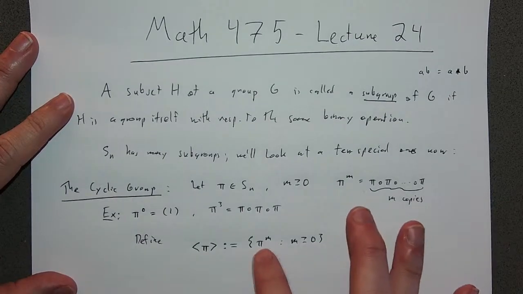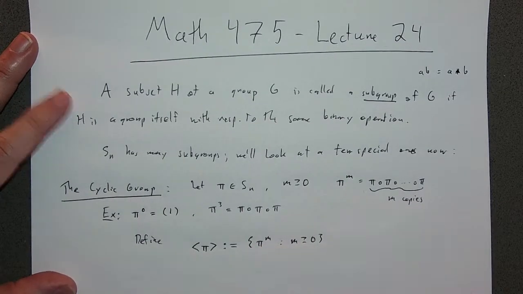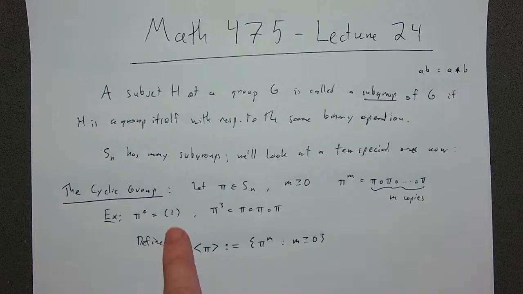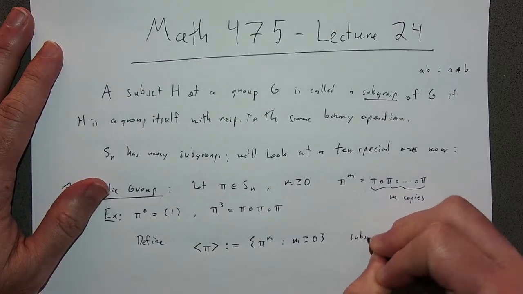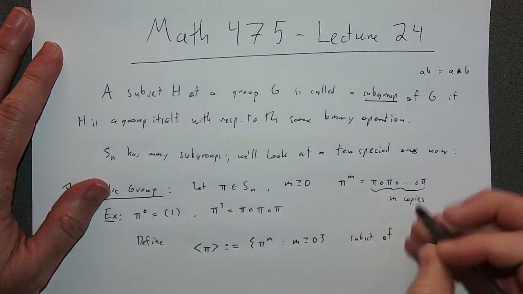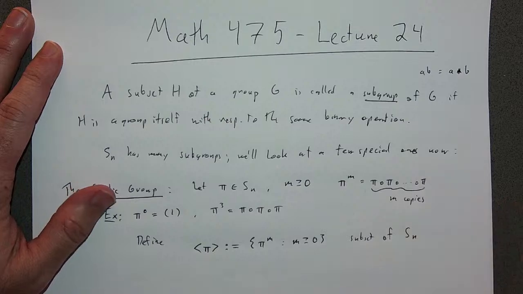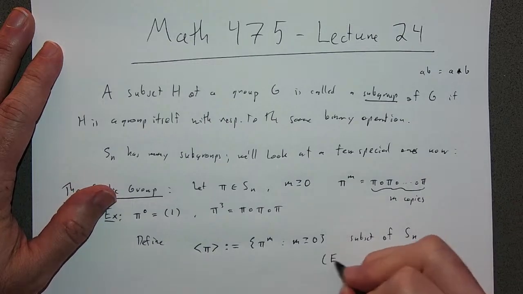Necessarily, the members of this set are permutations. This definitely contains the identity. This itself is definitely a subset of the symmetric group.